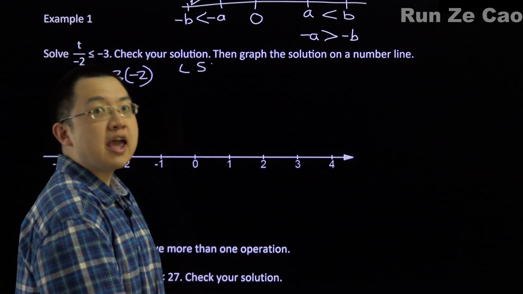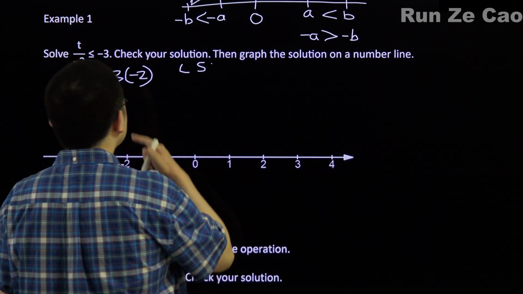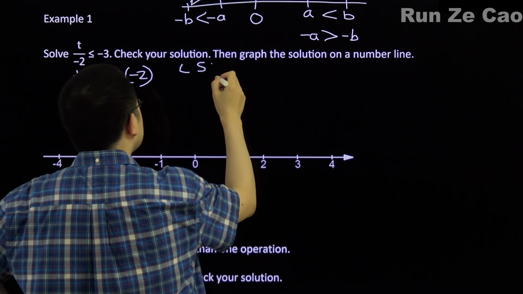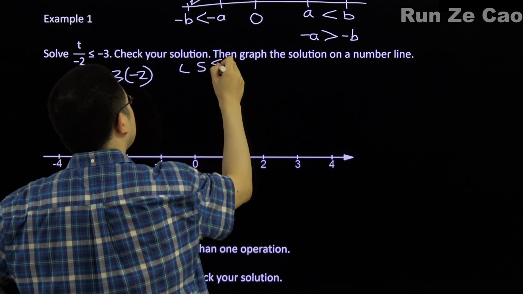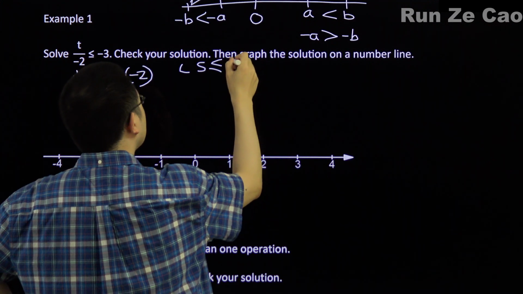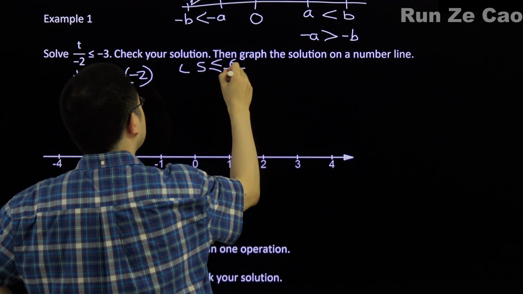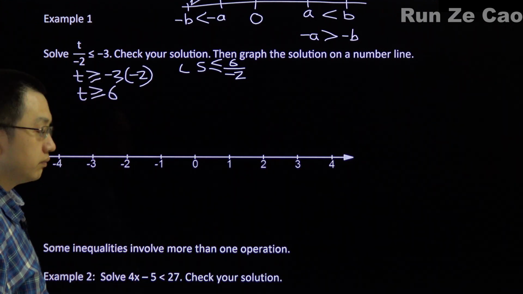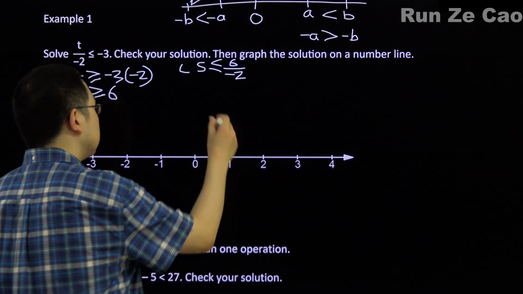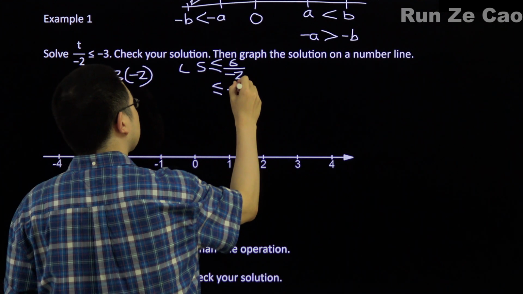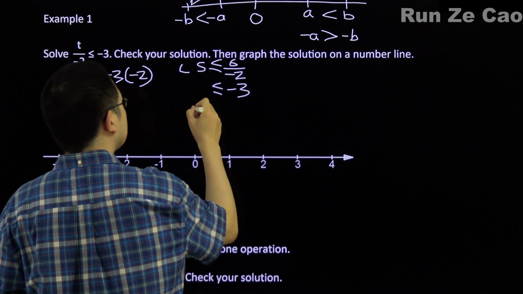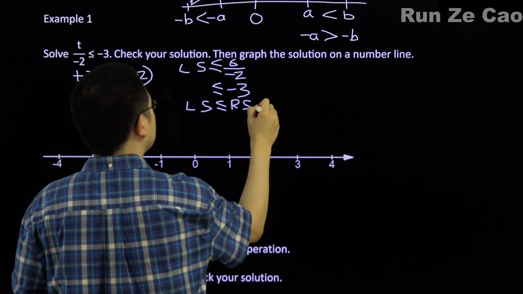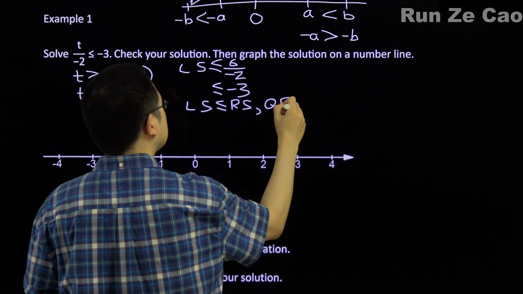But it's going to be negative. So left side has to be smaller than or equal to 6 over negative 2, which is smaller than or equal to negative 3. So left side is smaller than or equal to right side. Therefore, what's been asked has been shown.